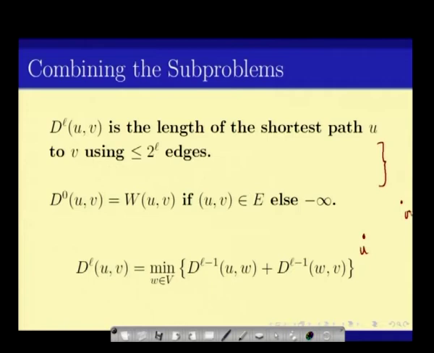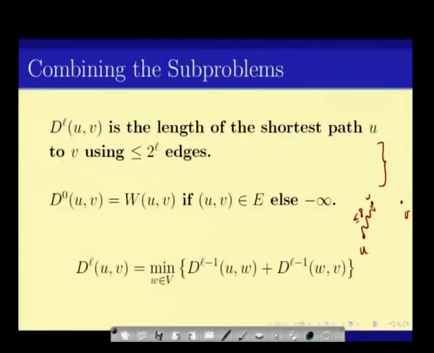This can happen if there exists a vertex w such that there is a path of length less than or equal to 8 from u to w and a path of length less than or equal to 8 from w to v. If both of them are at most 8, then the total path from u to v will be at most 16.